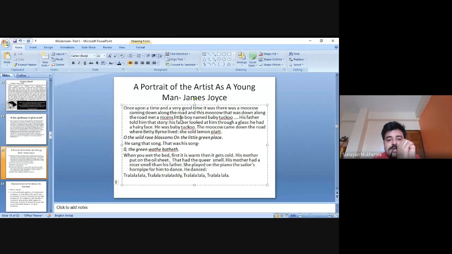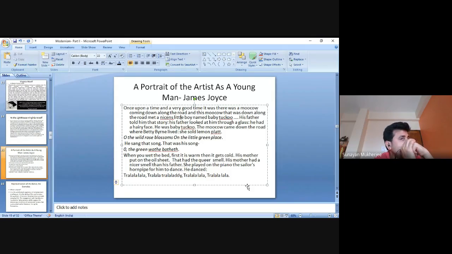His father told him that story. His father looked at him through a glass. He had a hairy face. He was Baby Tuckoo. The moo cow came down the road where Betty Byrne lived. She sold lemon platt. Oh, the wild rose blossoms on the little green place. He sang that song. That was his song. Oh, the green wothe botheth.